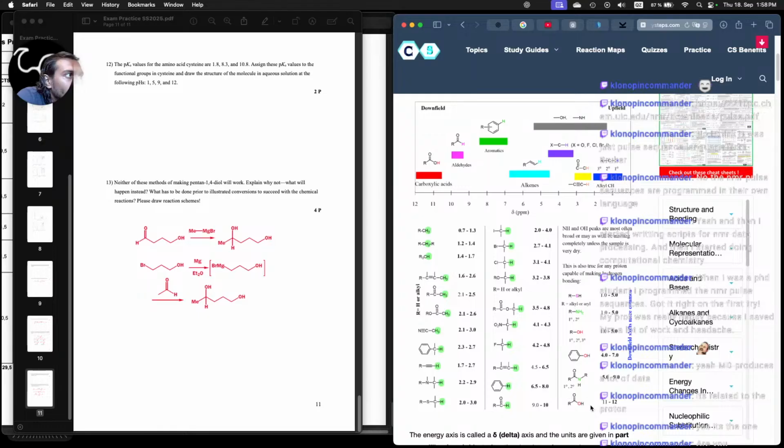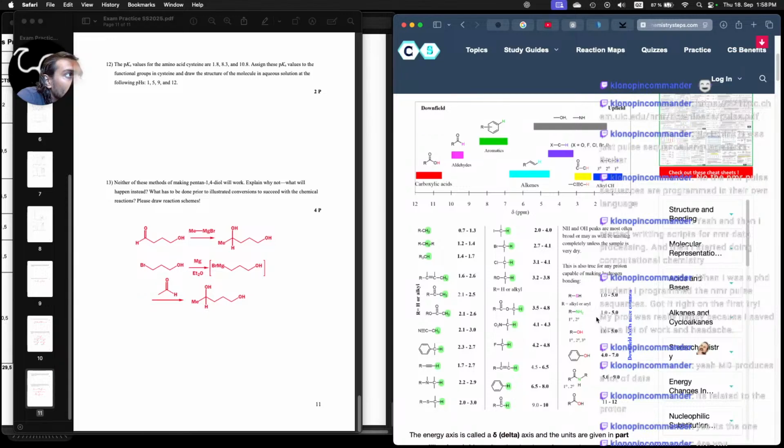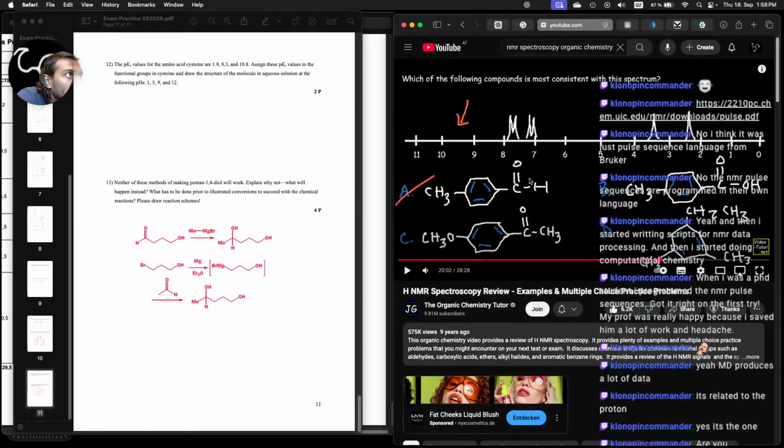And alcohol goes to 11 to 12. I believe we do have an alcohol. That should be going past 11 and 12. So, the next thing that we can eliminate is the carboxylic acid.